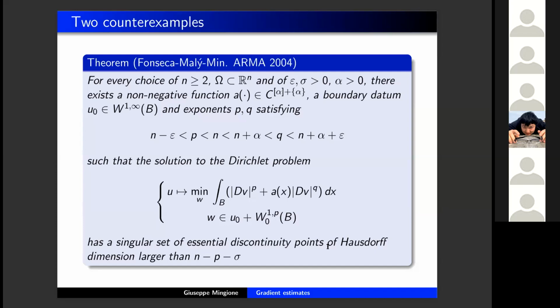Now, if you recall that the maximal Hausdorff dimension of the singular set of any W^{1,p} Sobolev function cannot exceed n minus p, this tells you that a minimizer of a convex scalar functional with Lipschitz boundary data can be as bad as any other competitor.